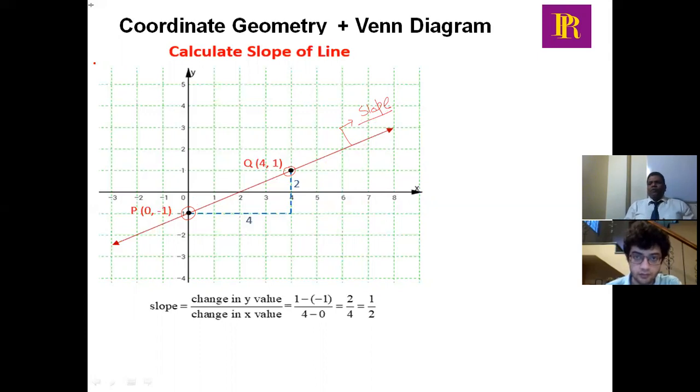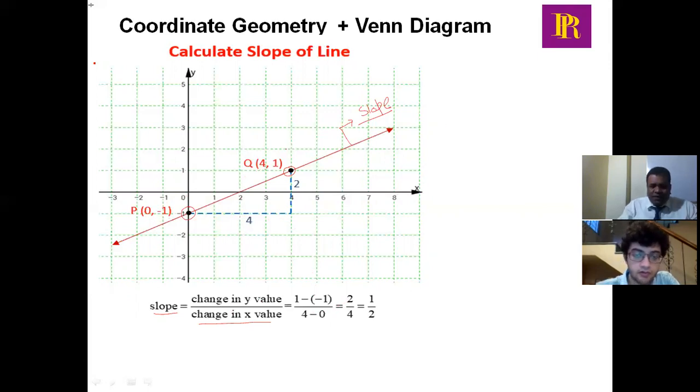The slope of a line is very important and widely tested. So we define the slope of a line as the change in y value divided by the change in x value. What is the change in y value? It is one y value minus the other y value, divided by one x coordinate minus the other.